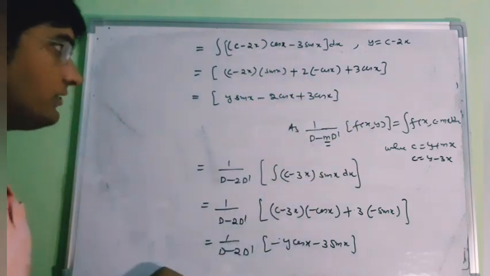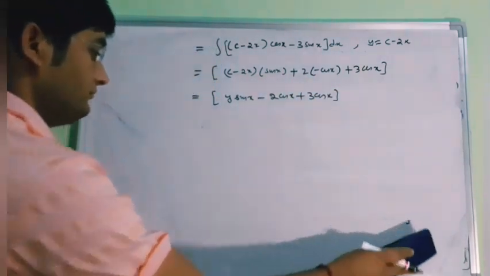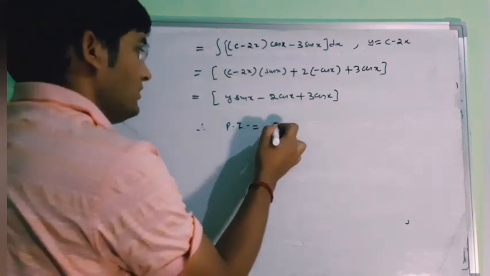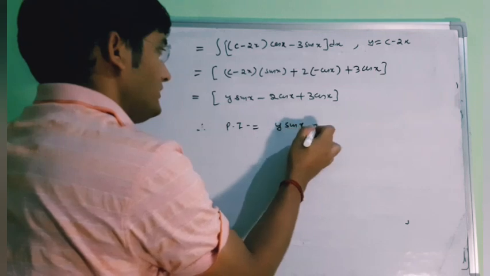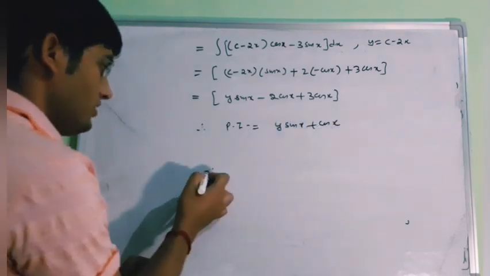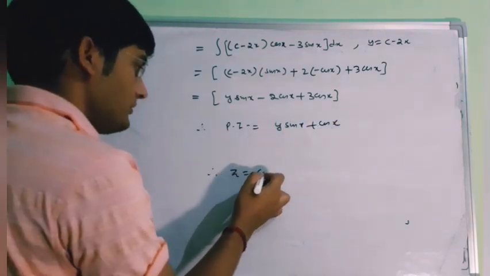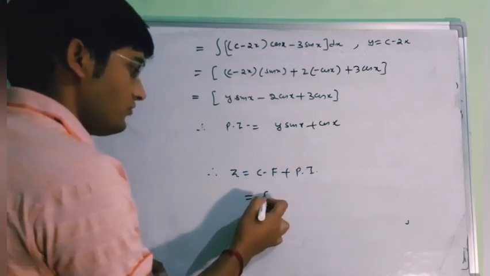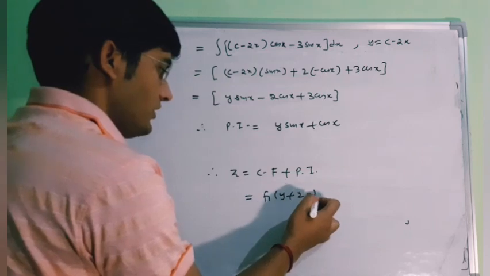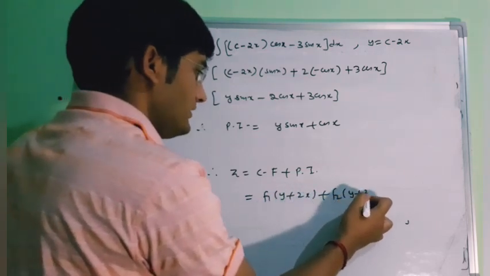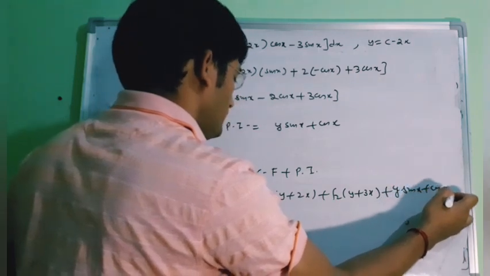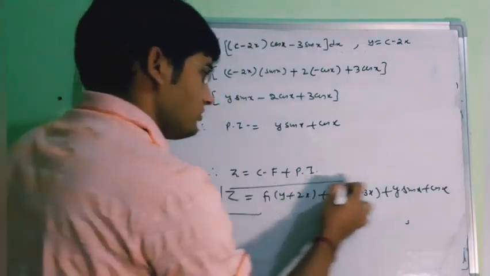So therefore our PI is equal to y sin x plus cos x. Therefore our answer will be z equal to CF plus PI, where CF is f1(y plus 2x) plus f2(y plus 3x), and PI is y sin x plus cos x. So this is your solution of the problem.